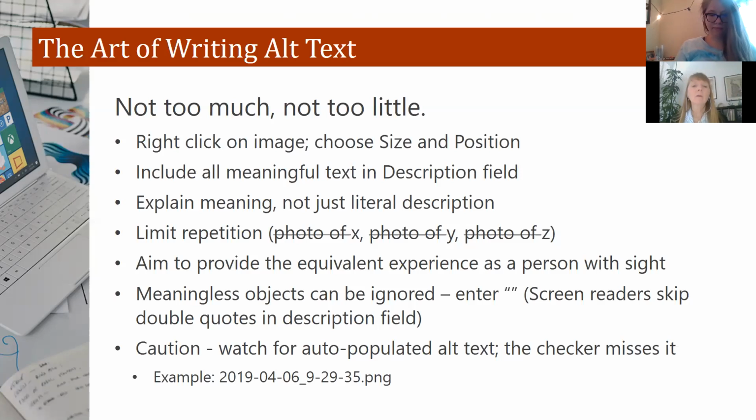So the other thing you want to watch out for is sometimes when you insert your image, it will automatically put something in the description field, and it'll be the file name. As an example, whenever my camera takes a picture, it gives it a date, or it comes from some other program.